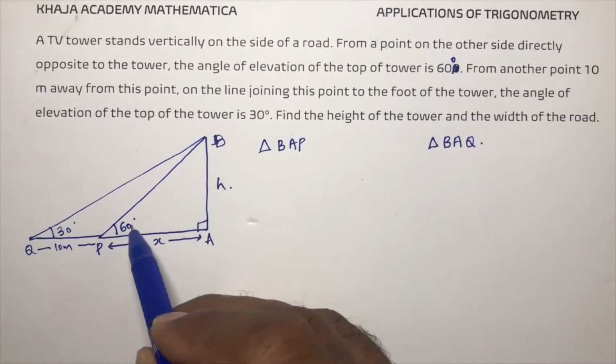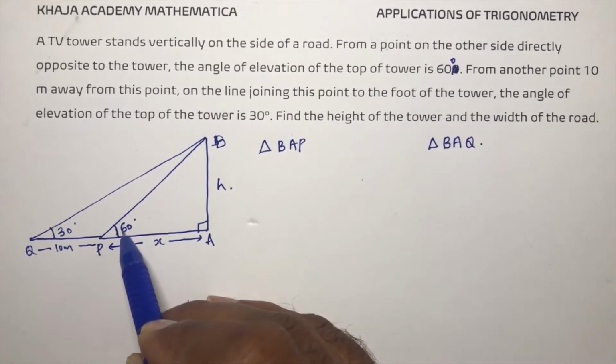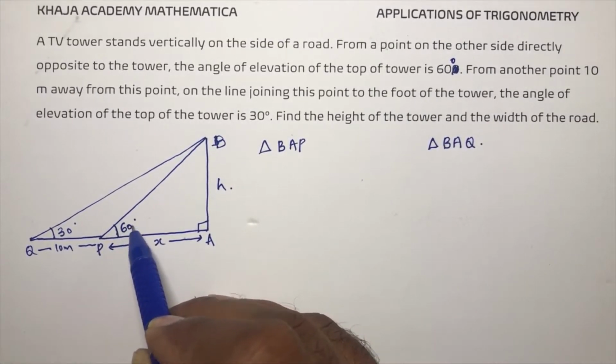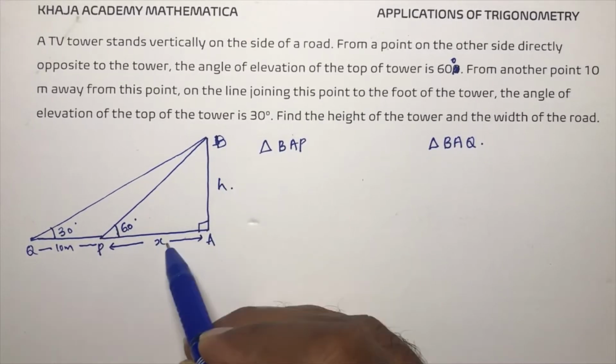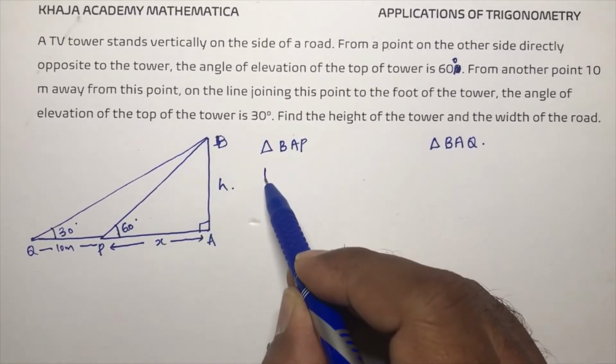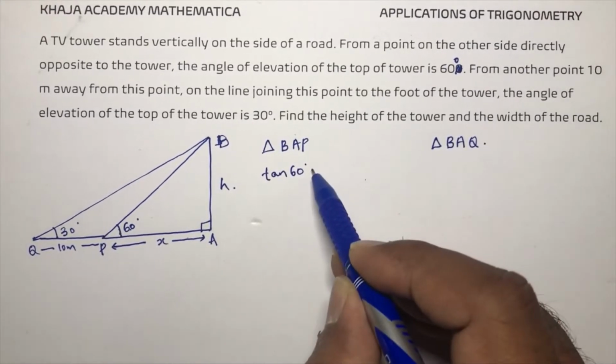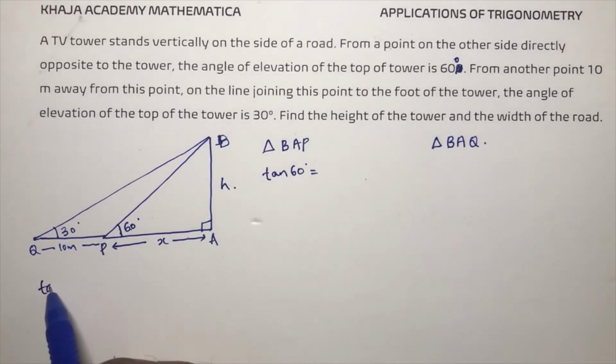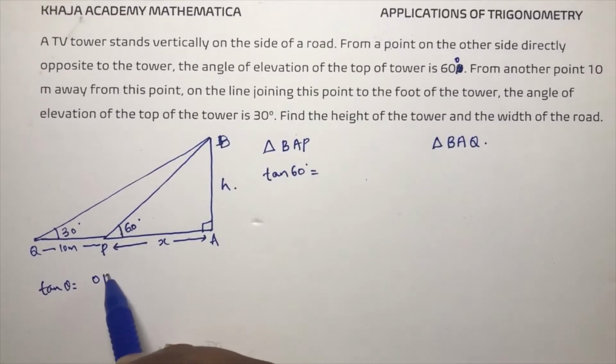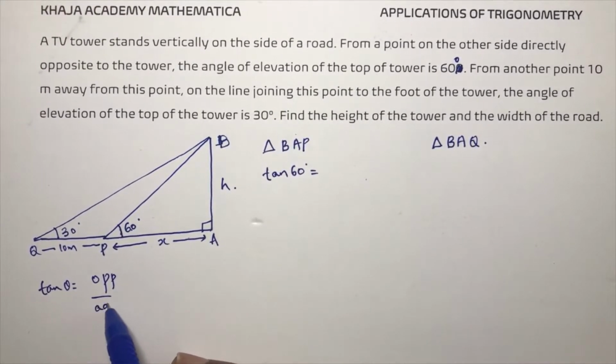In BAP, the angle here is 60 degrees. This is opposite and this is adjacent. So I'll use tan theta. Tan theta ratio is opposite by adjacent.